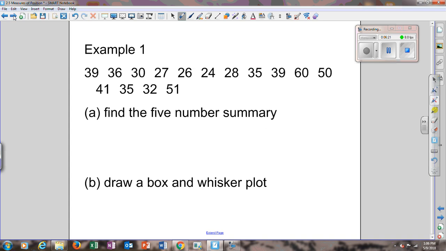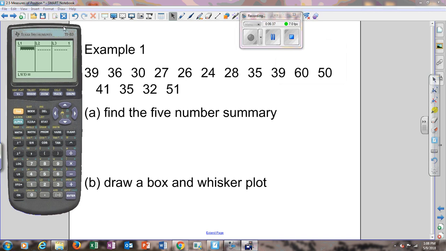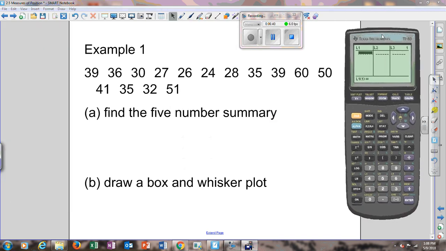Example 1. So the way I'm going to do this is I'm going to put all this into my calculator in L1 using the stat button. All right, so let's enter this into our L1.